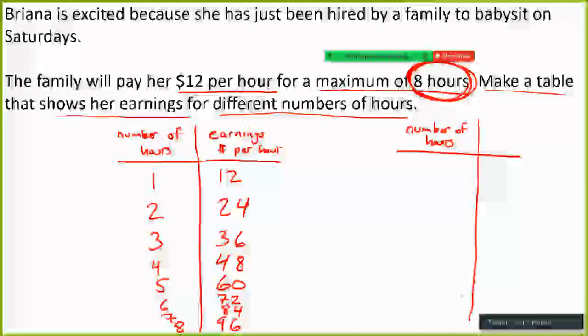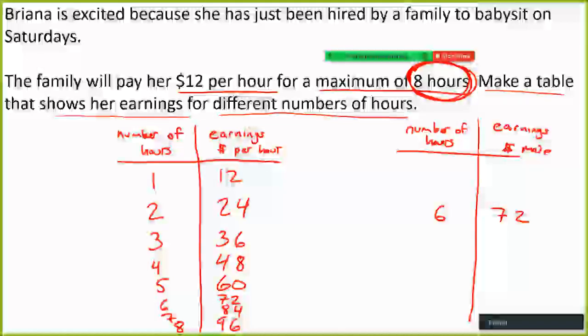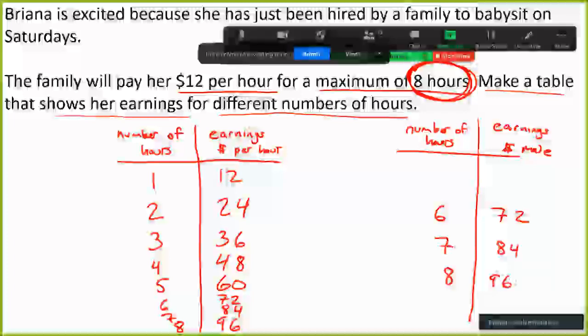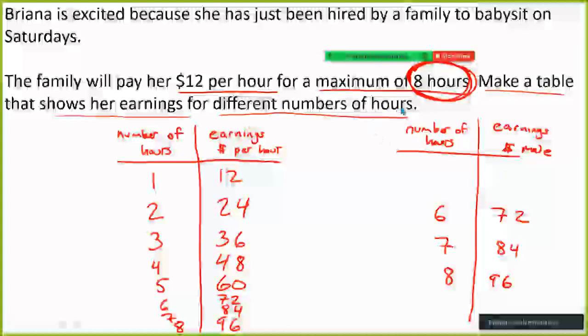Same table here, but I'm just going to have the bottom showed better. 6 hours, $72 earnings. 7 hours is 84, and then 8 hours is 96. And we'll stop there because it says in our story that there's a maximum of 8 hours, kind of a cap.